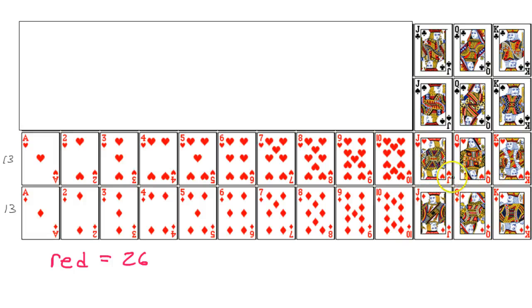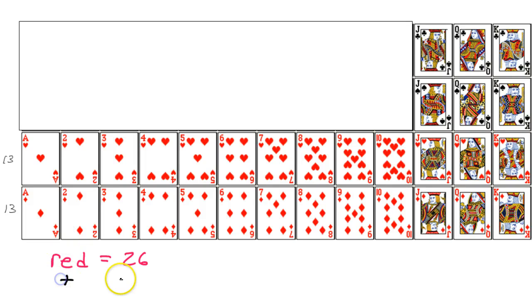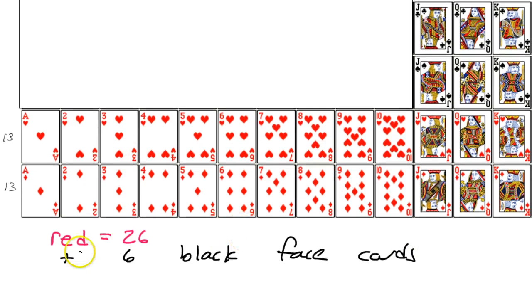We've already included some face cards, but we also want to include the black face cards. Okay, so I'll say plus 6 black face cards. Alright, that will be the total number of cards that we are dealing with. So 26 plus 6, that's going to be 32. Alright, so there are 32 cards out of a total of 52 that we are dealing with.